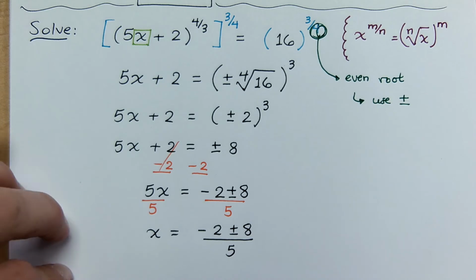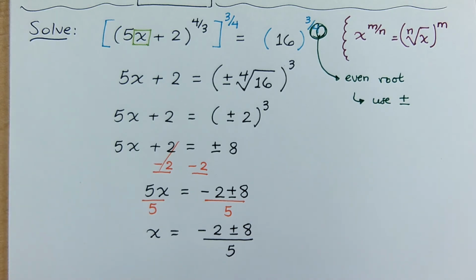Can I leave my answer like this? No. I know it's so disappointing, but check this out. If I didn't have the plus or minus, I just had the plus, can you combine negative 2 plus 8? You can, which means you've got to separate it. If you had something that was imaginary or radical, you could leave it just as it is.